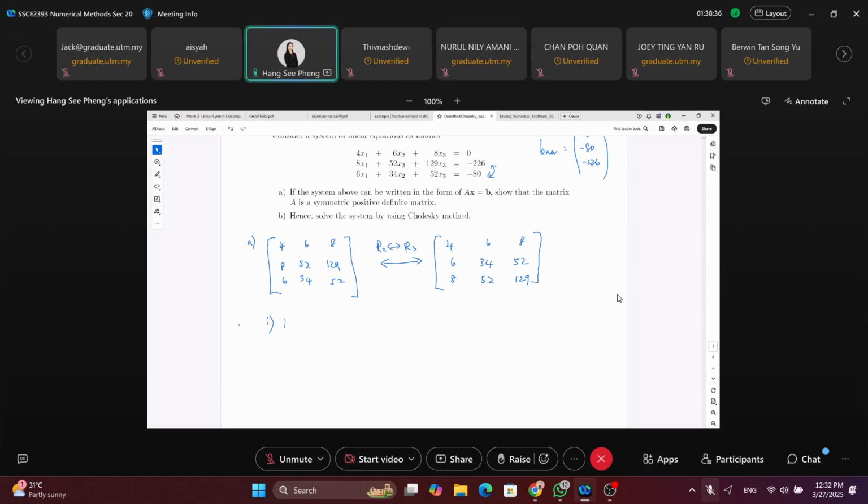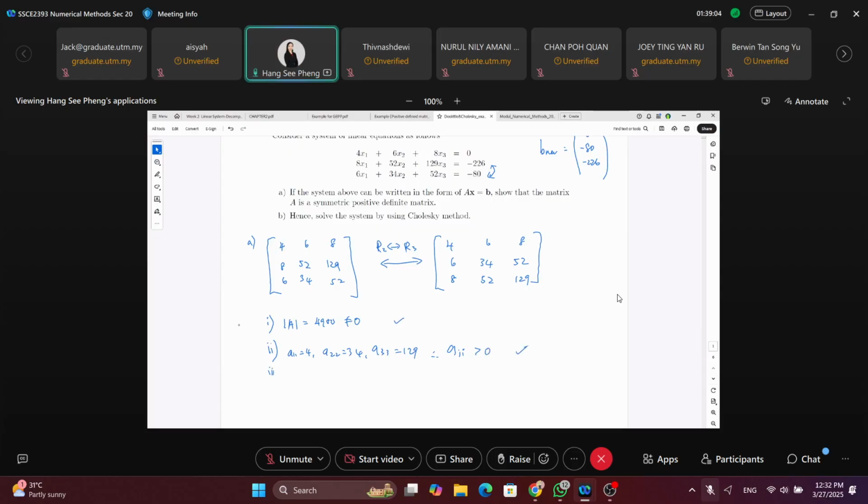Find the determinant. If you put this matrix in the calculator, it gives you 4900, not equal to 0. So the first one is satisfied. Second one: A11 equals 4, A22 equals 34, A33 equals 129. Therefore, the diagonal entries are greater than 0. Satisfied.